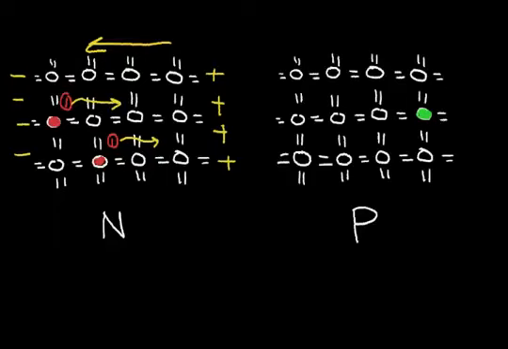So let me come over here and delete this electron right here. And let's replace this silicon atom with another boron, and erase this electron, since the boron atom only has 3 electrons in the outer shell.